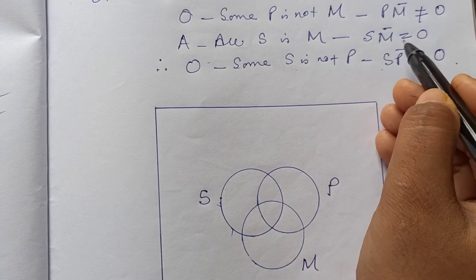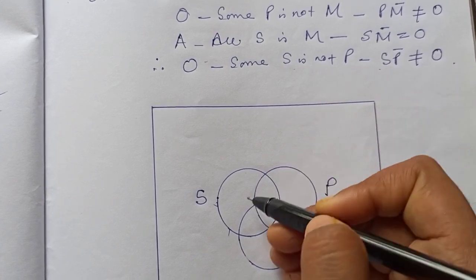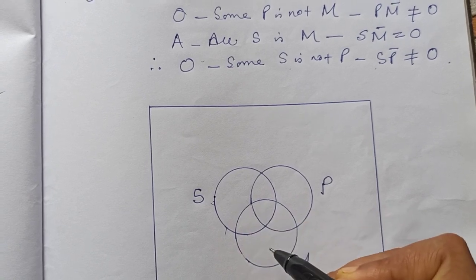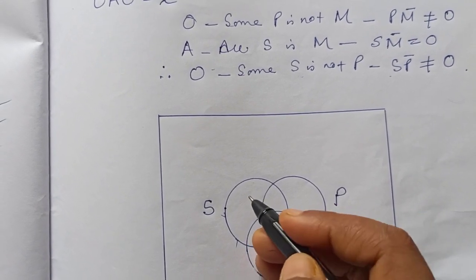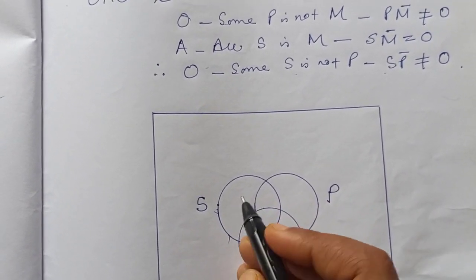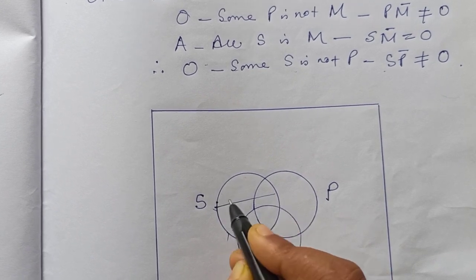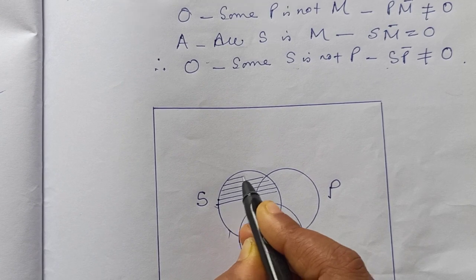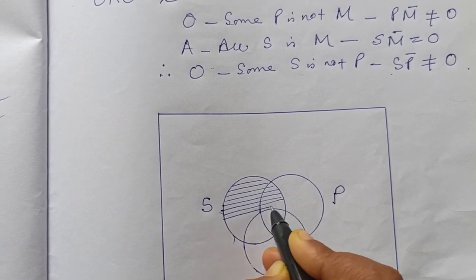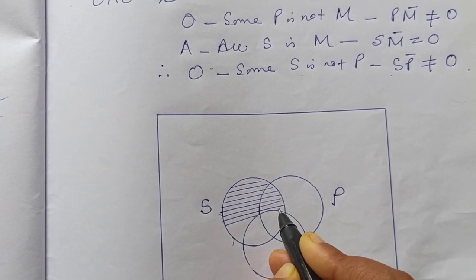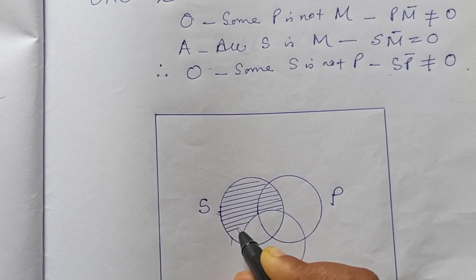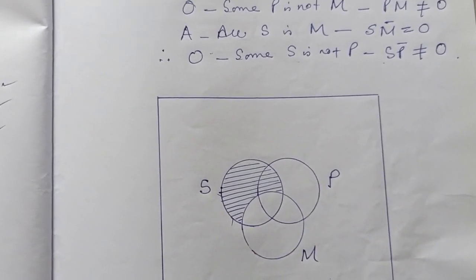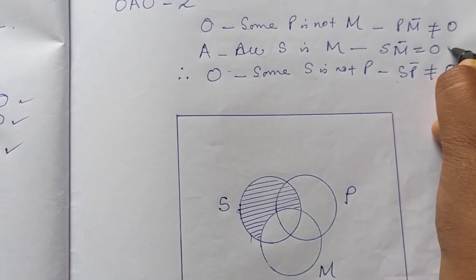Now S M bar equal to 0 means among S and M, only the S part, excluding the M part, does not contain any member. So we have to shade this S part. The diagramming of this part is over.